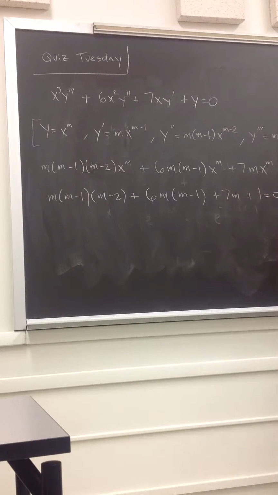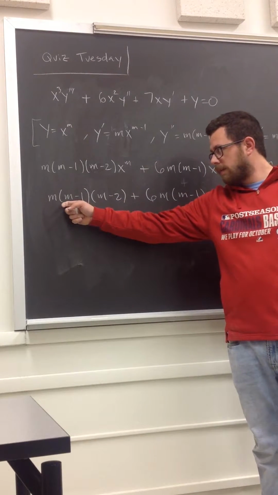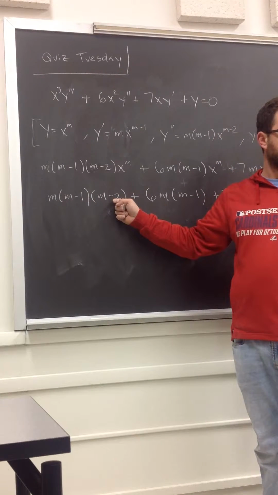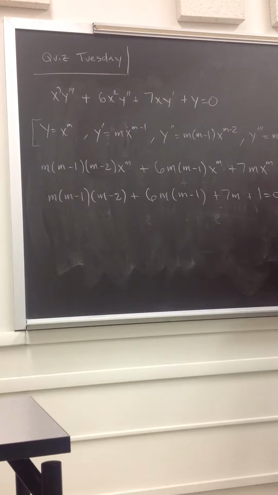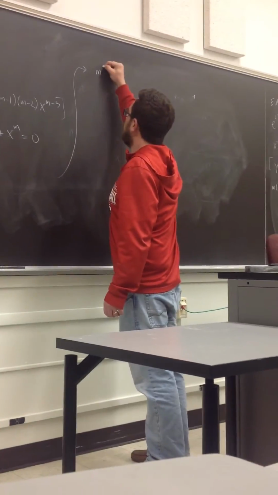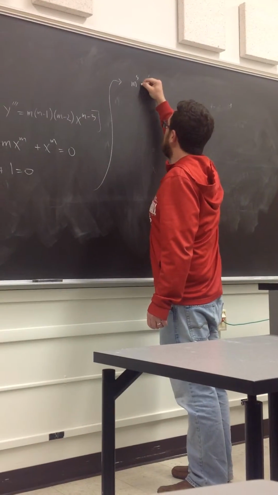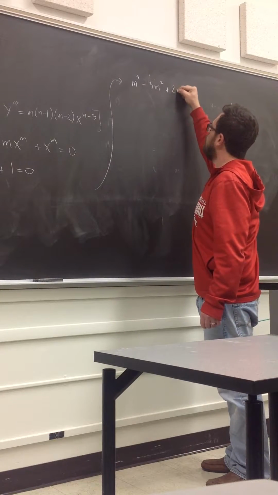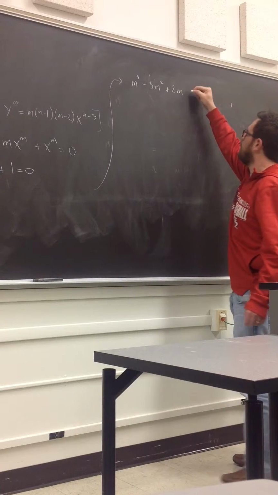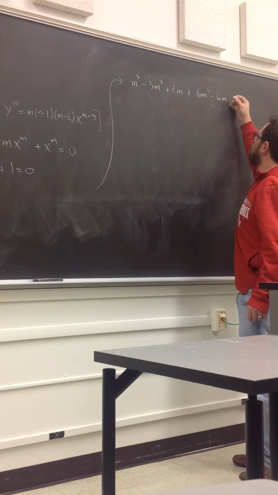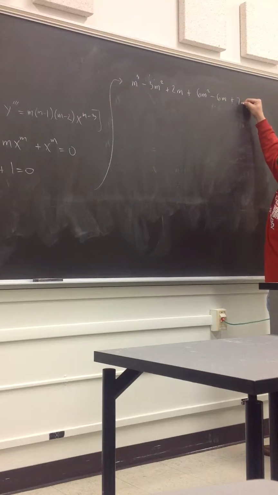If you multiply these first, you get m squared minus 3m plus 2. After multiplying by m, that makes m cubed minus 3m squared plus 2m. That's from the first term. And the second term, 6m squared minus 6m plus 7m plus 1, equals 0.